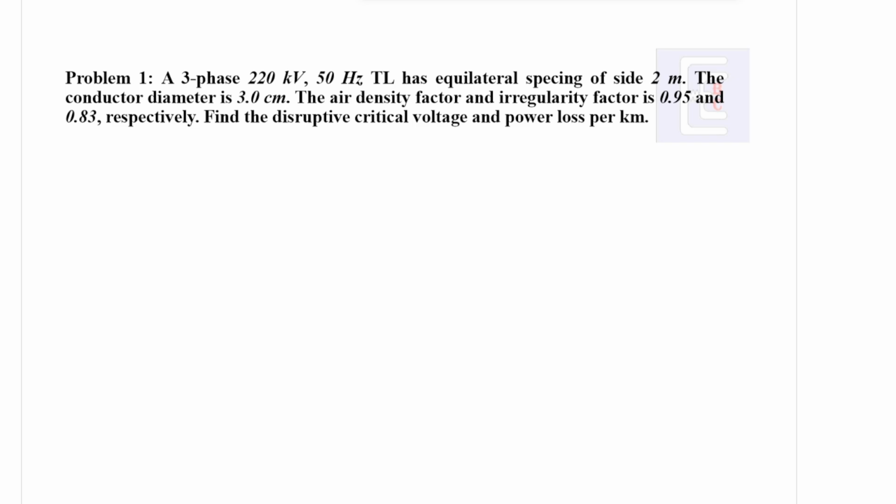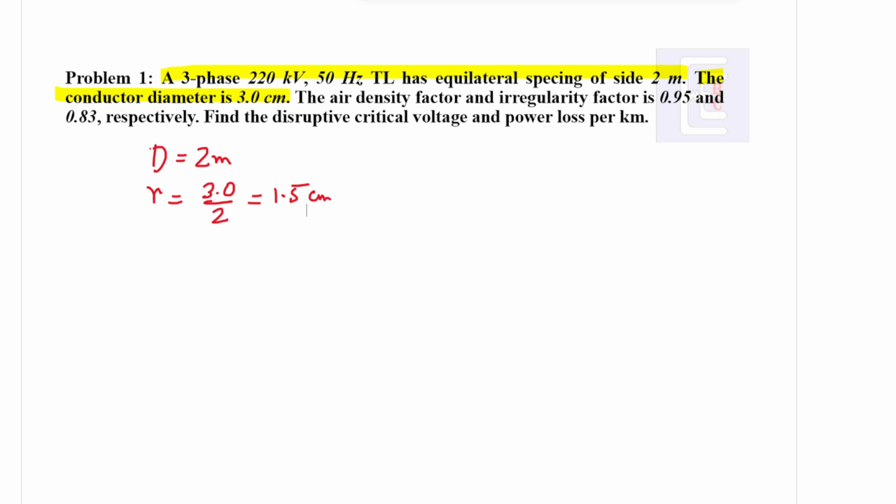So we have problem 1. We have a 3-phase 220 kV 50 Hz transmission line, with equilateral spacing of side 2 meter. So D is equal to 2 meter. The conductor diameter is 3 centimeter, which means the radius is 3 by 2, that is 1.5 centimeter.